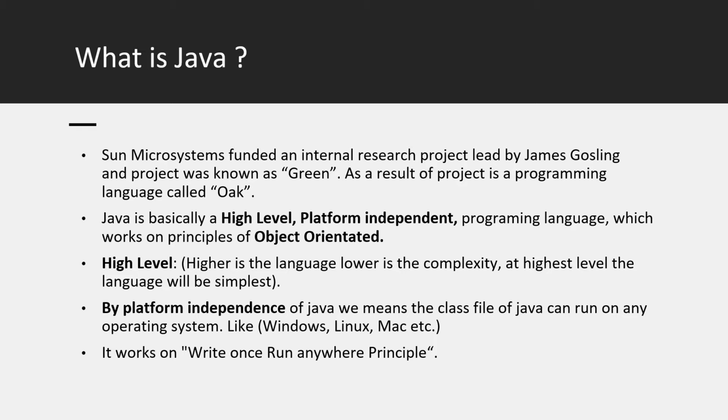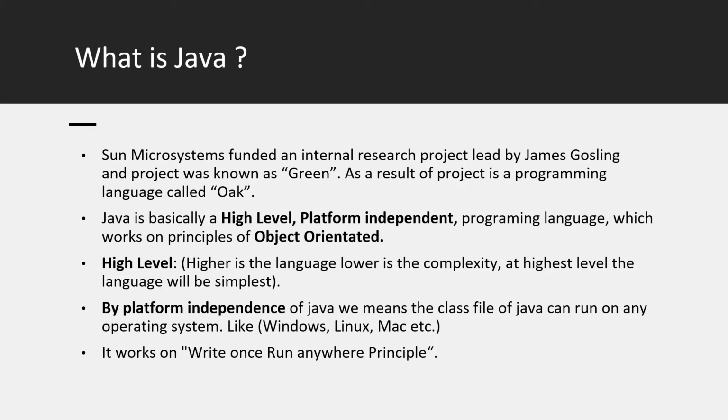Now what is Java? Java is basically a high level platform independent programming language which works on the principles of object oriented. Now there are three concepts: high level, platform independent, object oriented. What is high level? High level is something which is less complex, easy to understand. It is more like the English language.